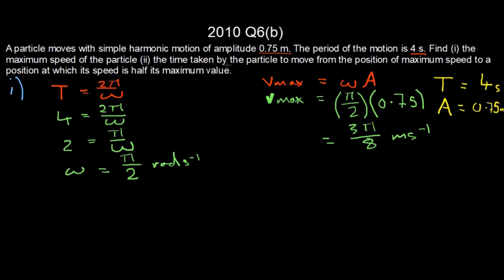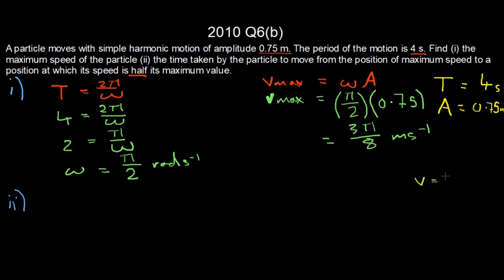Find the time taken by the particle to move from the position of maximum speed to a position at which its speed is half its maximum value. So here's what we're going to do. First, I'm going to note down the information that I have. I know that I'm looking at the time when the velocity is half the maximum value, because that's what they asked me to do. They're talking about the time when the speed is half of the maximum value.